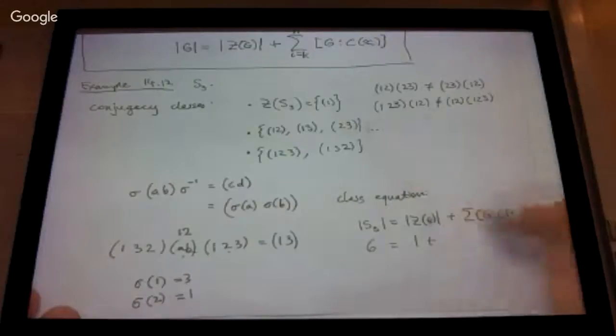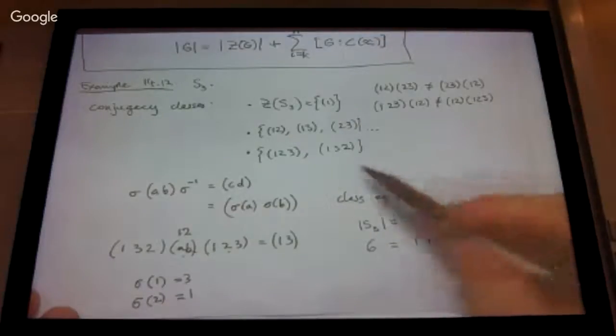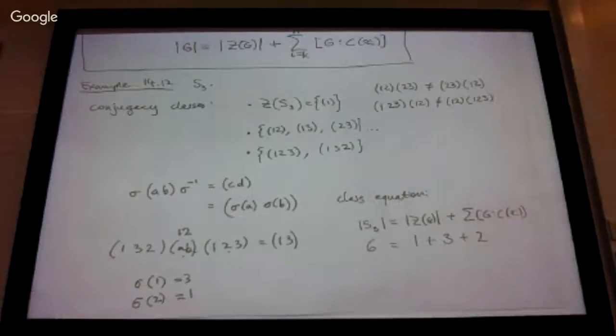And there's this orbit that has 3 two-cycles, and then there's this orbit which has 2 three-cycles. That's what the book wants you to believe. I don't know, doesn't make it any clearer to me.